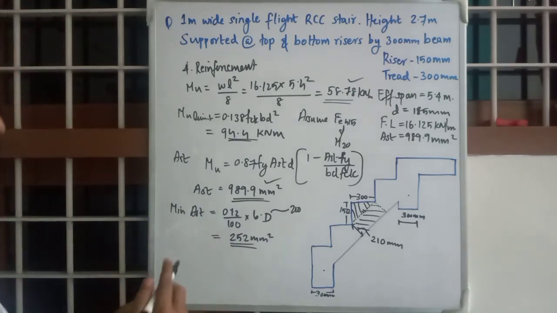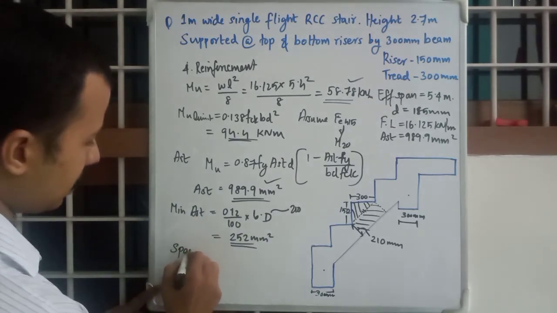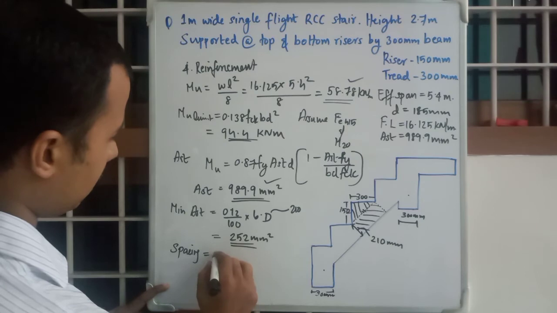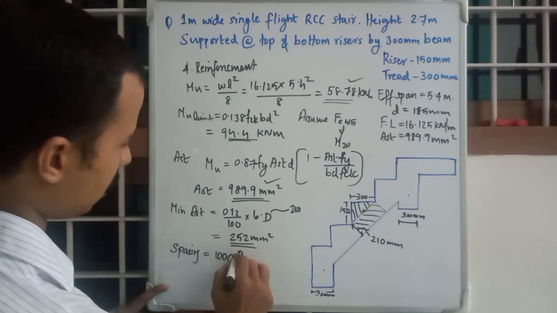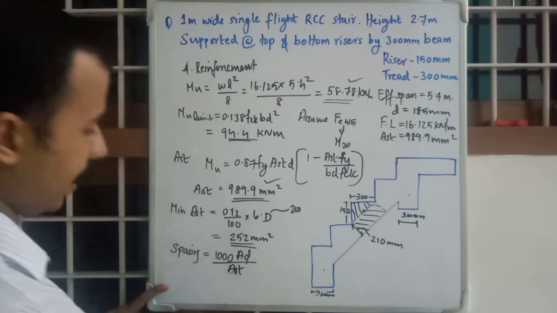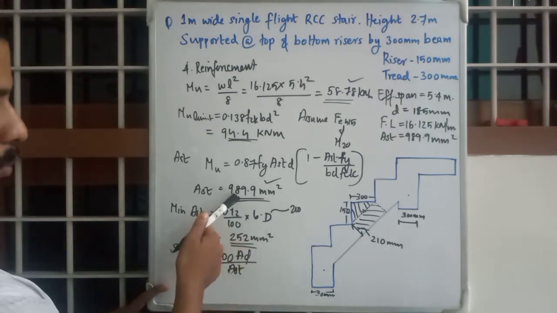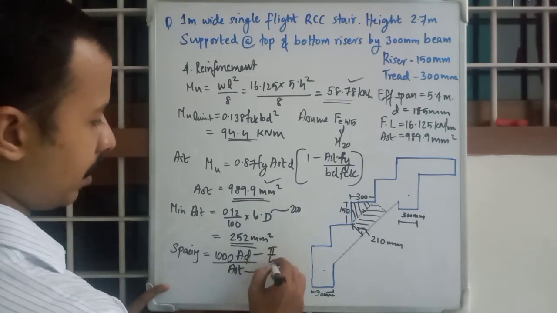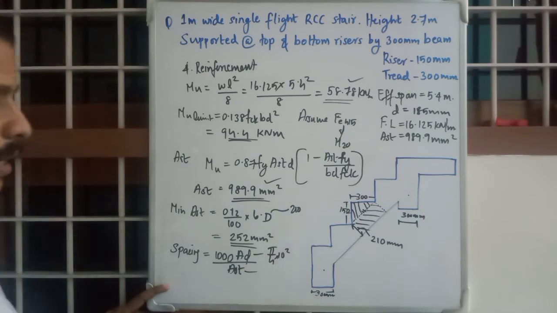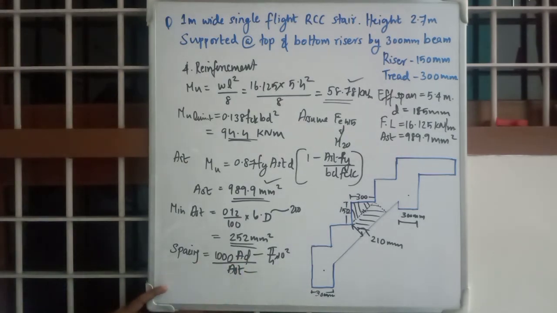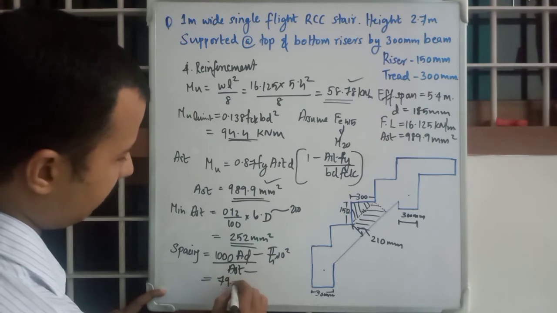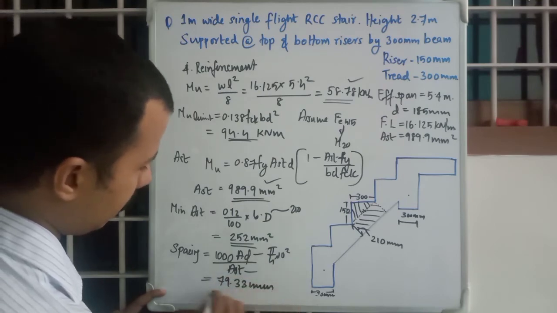Then the obvious step is we will calculate spacing. Spacing will be equal to 1000 ast by Ast. Ast is 989.9. ast is pi by 4, 10 square. We had assumed the diameter of reinforcement as 10 mm. Then 1000. We will get spacing as 79.33 mm.